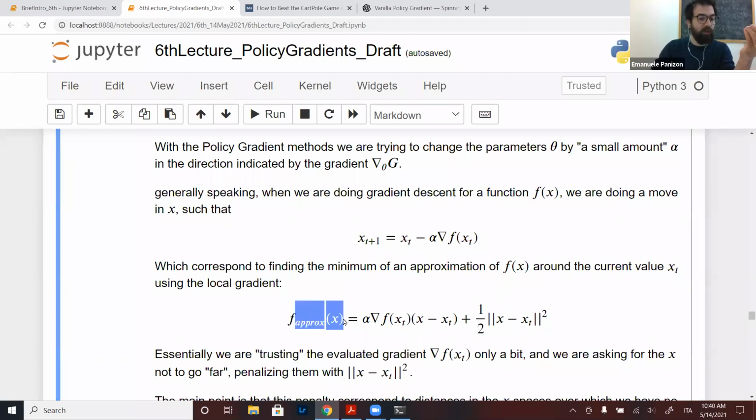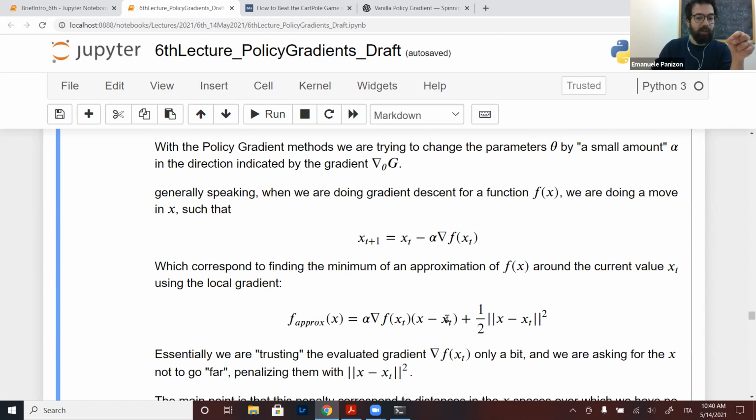The approximation of the function in x uses the fact that I know the derivative of the function at x_t. So this is basically a Taylor expansion of the first order. If I move away from the place I'm in, I move along this gradient, but I also penalize the fact that I move by a squared distance between where I am and where I end up.